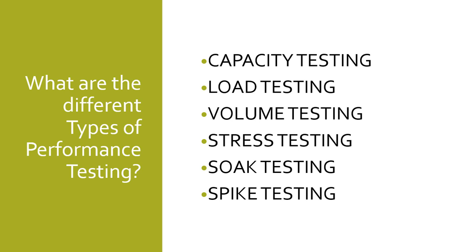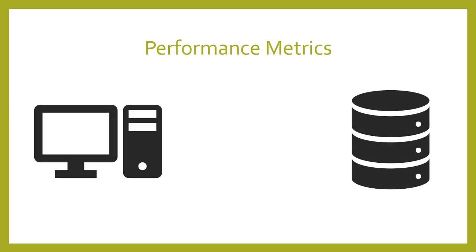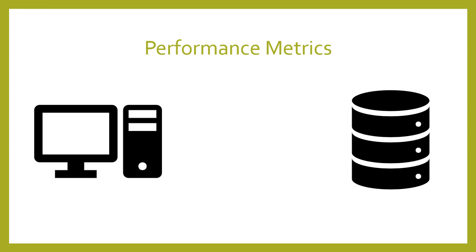Now the next thing is the performance metrics. Whenever we deal with performance testing, we need to know about them: connect time, latency, load time, and throughput. The connect time is the time it took for the first request sent to the server. For example, it took 75 milliseconds. This would be referred to as connect time.